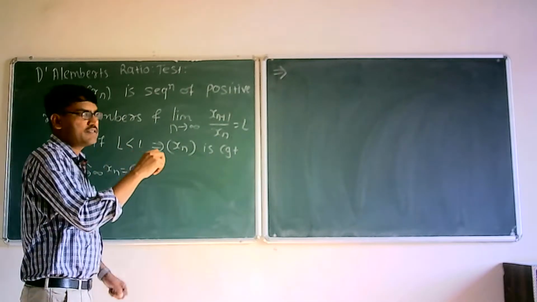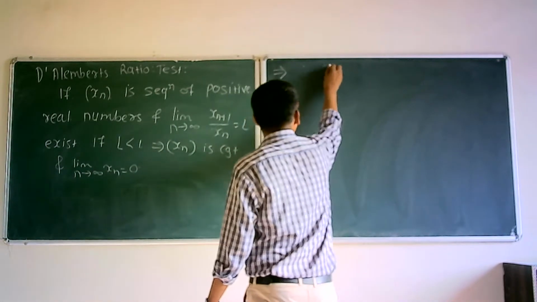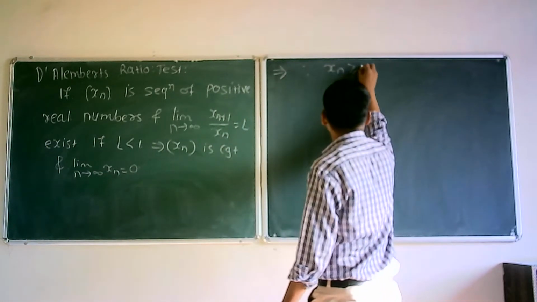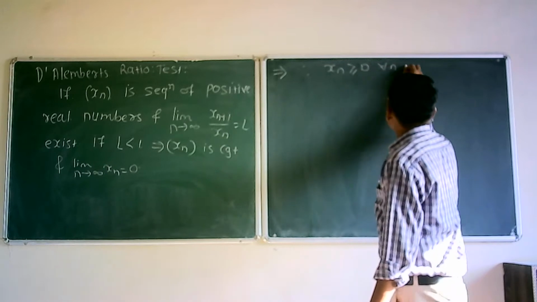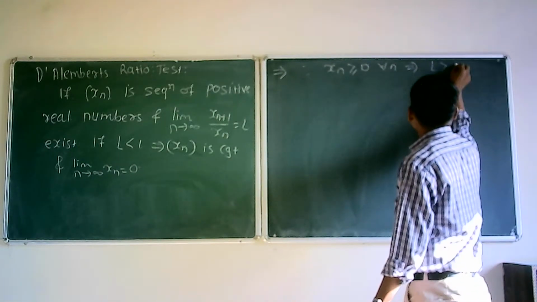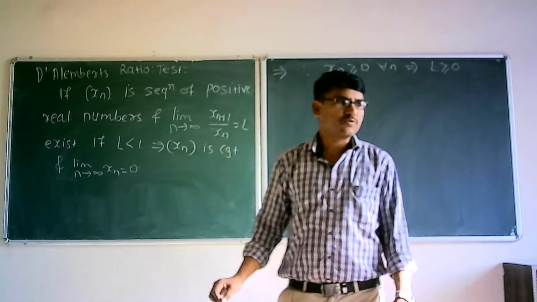then its limit, since xn is greater than or equal to 0 for every n, this implies our L is also greater than or equal to 0.